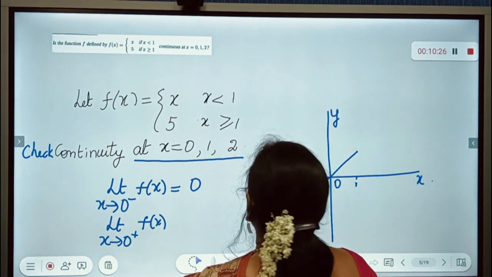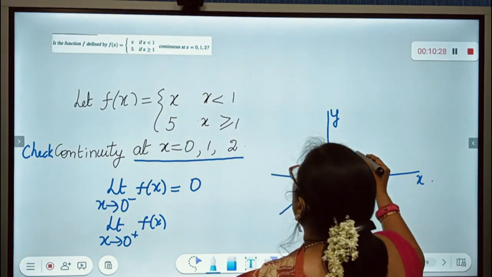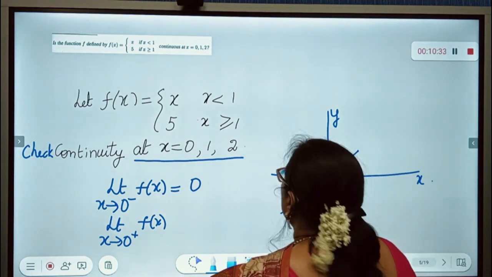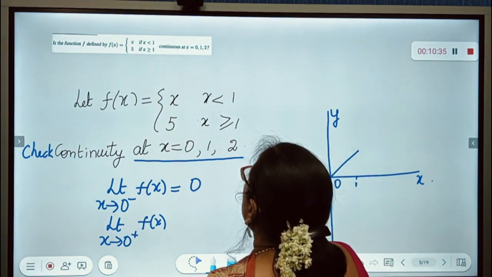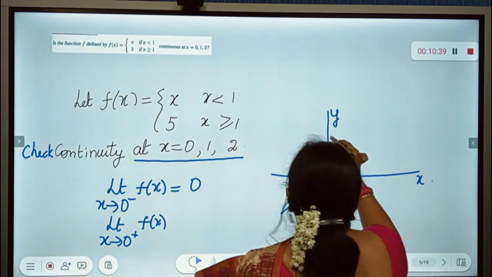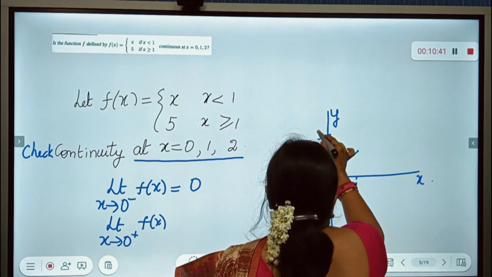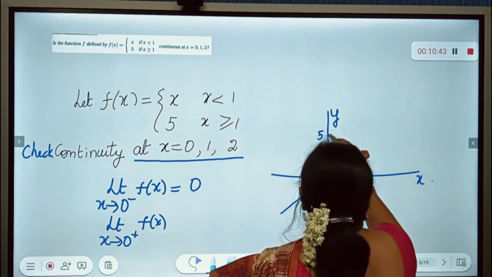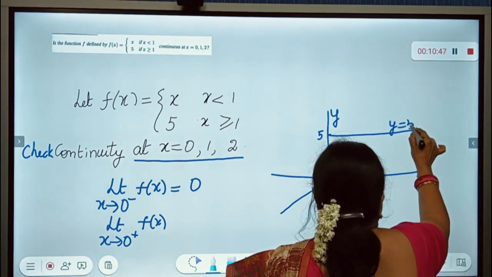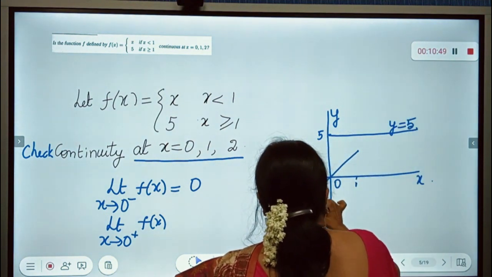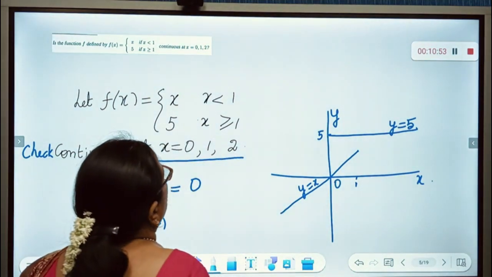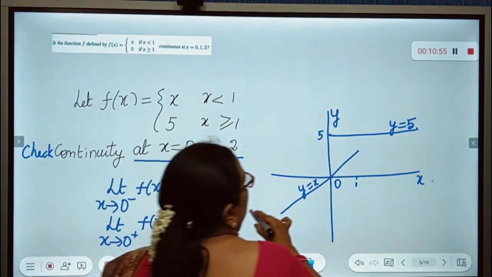When x is greater than or equal to 1, y is 5. This is y equal to x, right? At 1, what happens? It is 5.